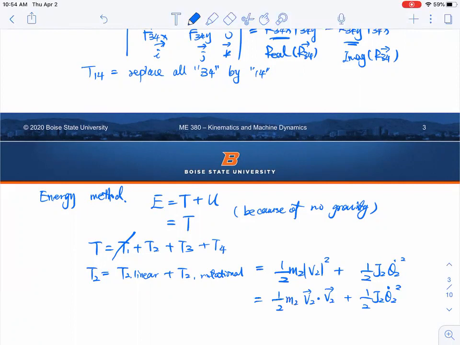All right, so again, after doing velocity and acceleration analysis, everything on the right-hand side is known. So we can easily calculate E dot, which is the changing rate of the energy. That should equal the power generated by the external excitation. So you only have T input as your unknown.